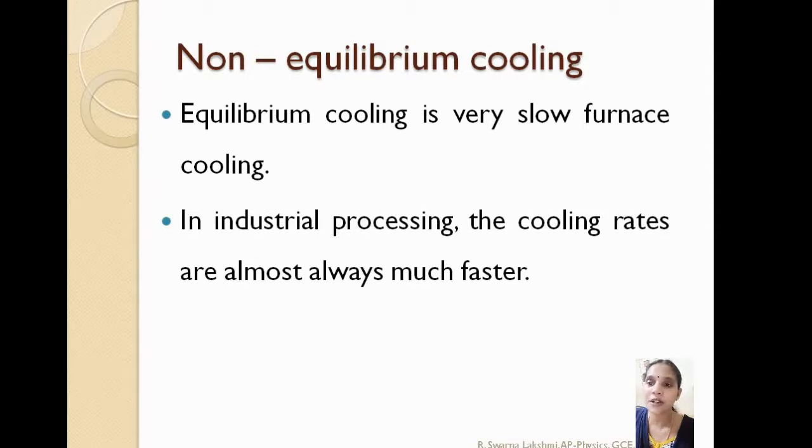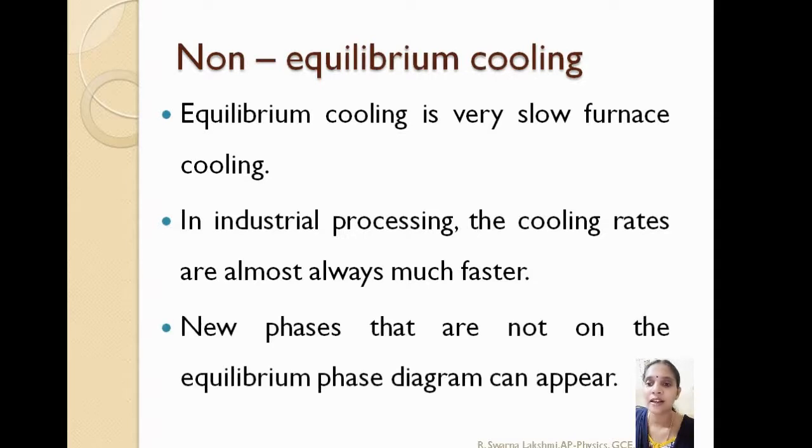But in industrial processes, the cooling rates are usually much faster. And hence, new phases may be developed other than those we saw in the phase diagrams. So, it is necessary to analyze the temperature and time dependence or rate of cooling of the transformation.